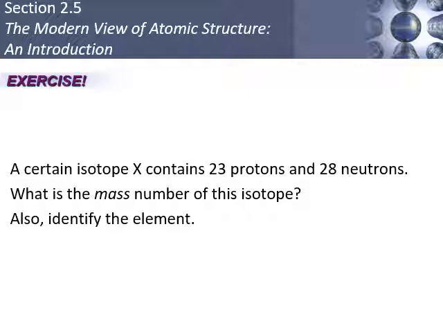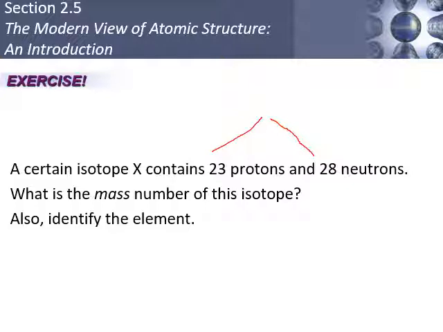Next slide. So let's do a little exercise. A certain isotope, which we're going to call X, don't look in the chart for X, it's not in there. We're just calling it X, kind of like you call X a variable in algebra. It has 23 protons and 28 neutrons. So what's its mass number? We just add these together. The mass number, or the A number, is 23 plus 28, which is 51.